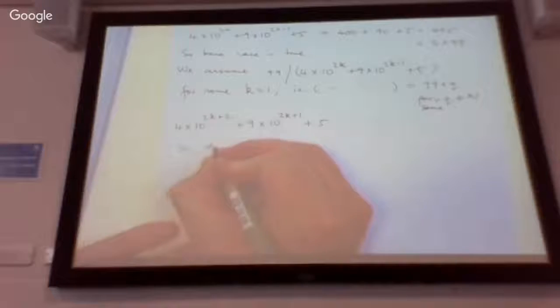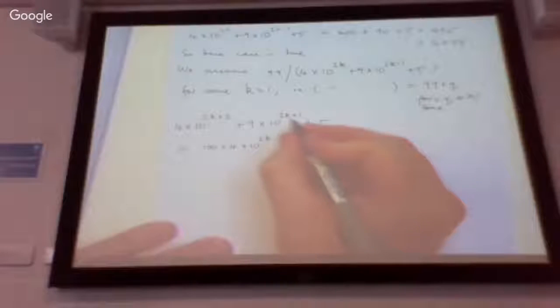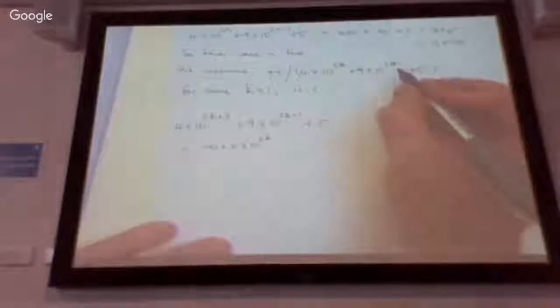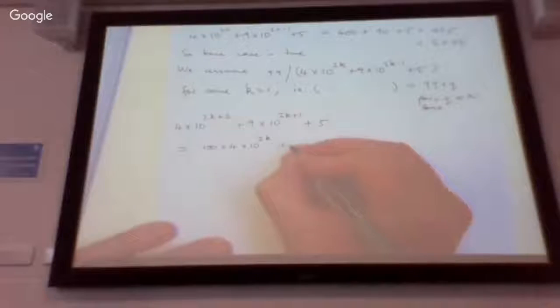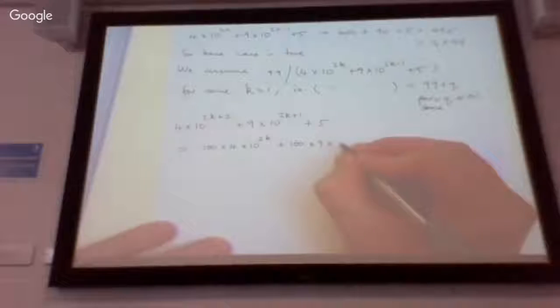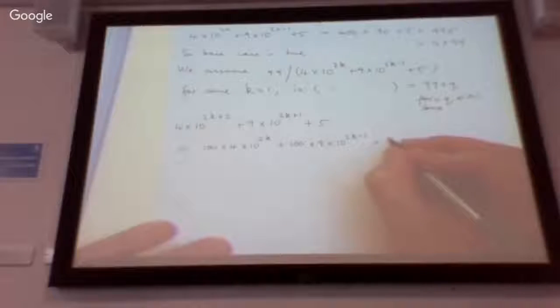So 100 times 4 times 10 to the 2k. And here again, there's a factor of 100 in the difference, isn't there? Plus 100 times 9 times 10 to the 2k minus 1. And then the 5 is still sitting there.